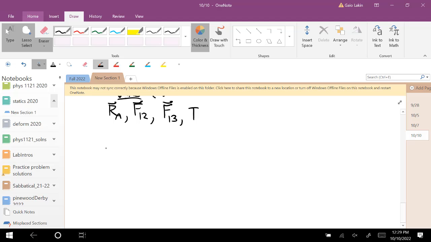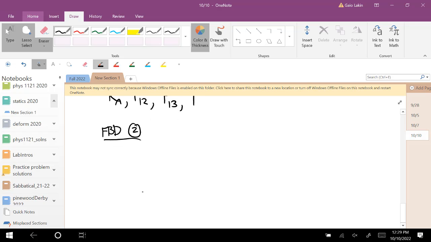Okay, so free body diagram now of member 2. On the upper left, it makes contact with member 1. So this is the force on 2 by 1. We already have the force on 1 by 2, so we're going to call this negative F12.